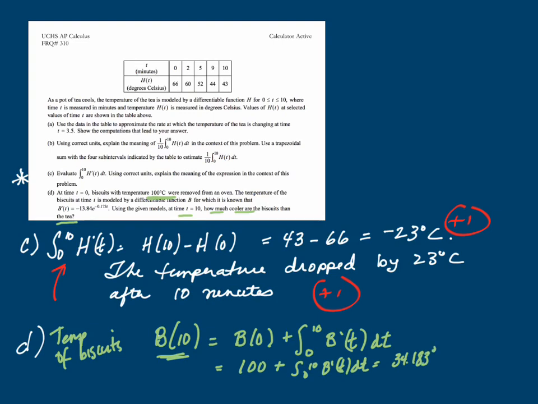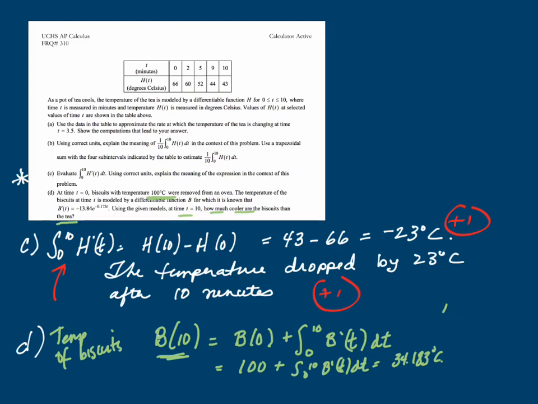34.183 degrees. Now, that's what they were at time 10, so they want the difference. They asked for the difference, so you have to find, well, what was the tea? The tea was 40, so it's the temperature of the tea minus, wait, that's h, right?